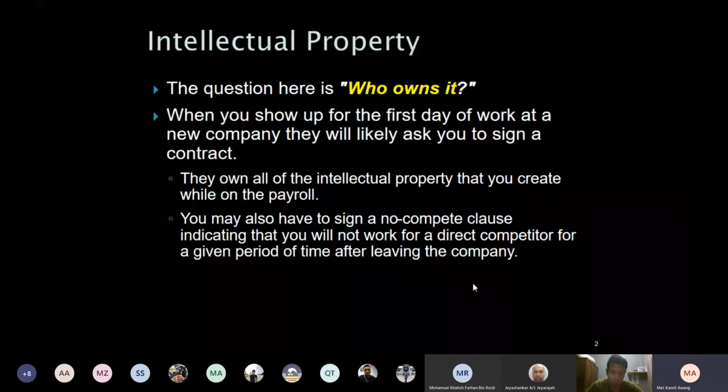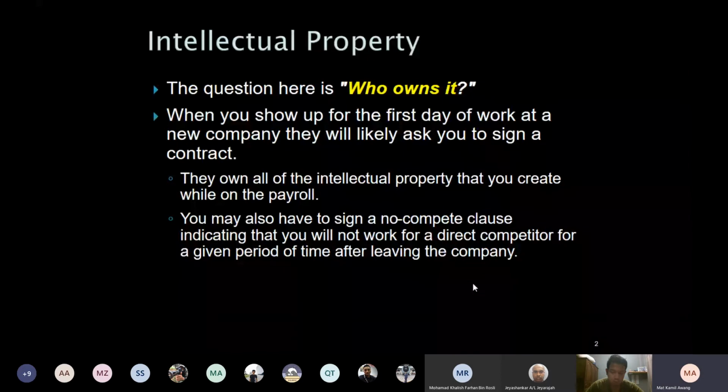Sometimes a company, even on the first day that you come to work, will ask you to declare the list of the intellectual property that you own. Normally, they will ask you, do you hold any patents?